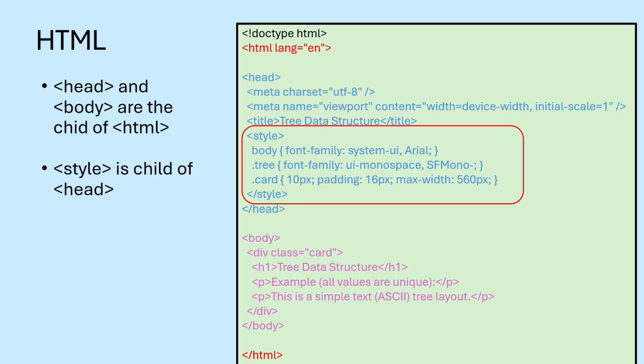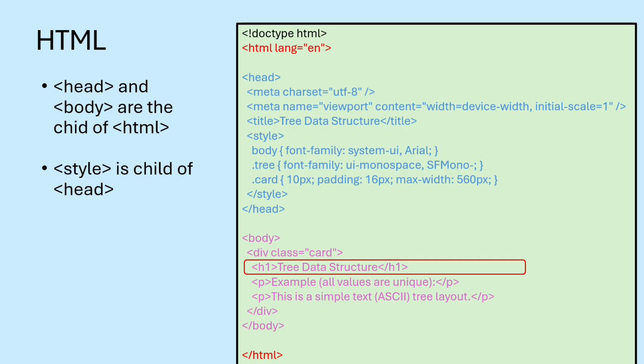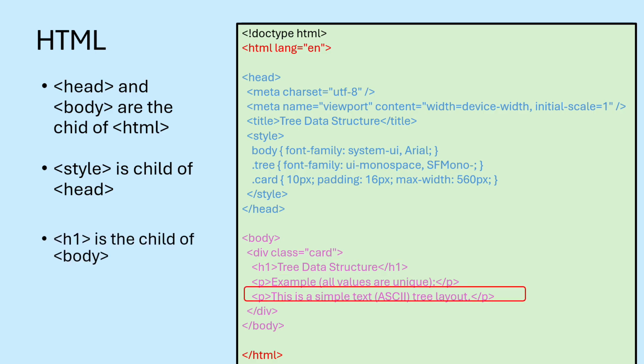So we could say the style is also a child of the head. In the head, you actually have other children, like the title. If you look at the body, H1 is the child of the body. Same with the paragraph. So the P is also the child of the body. So that's an application of data structure for trees.